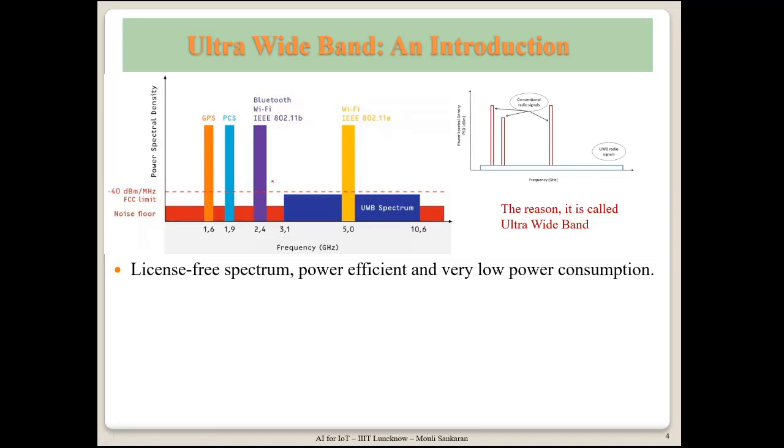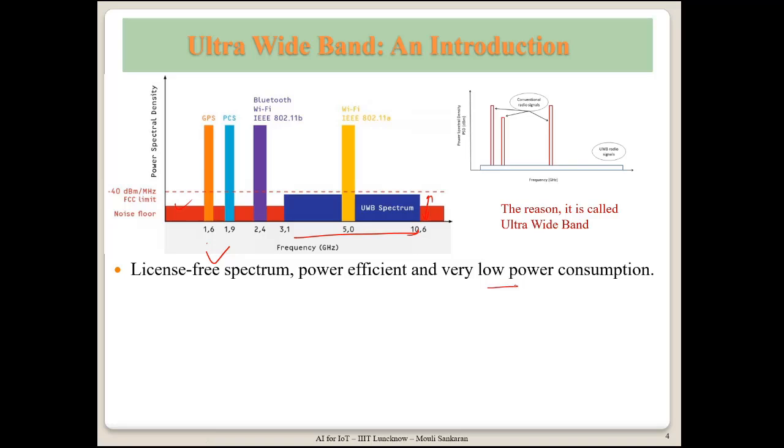As I mentioned, this spectrum is license free. That's why they have limited the power that you can transmit, because you are using a wider frequency range and they don't want it to disturb anything. So that's why it is low power and meant only for short ranges.